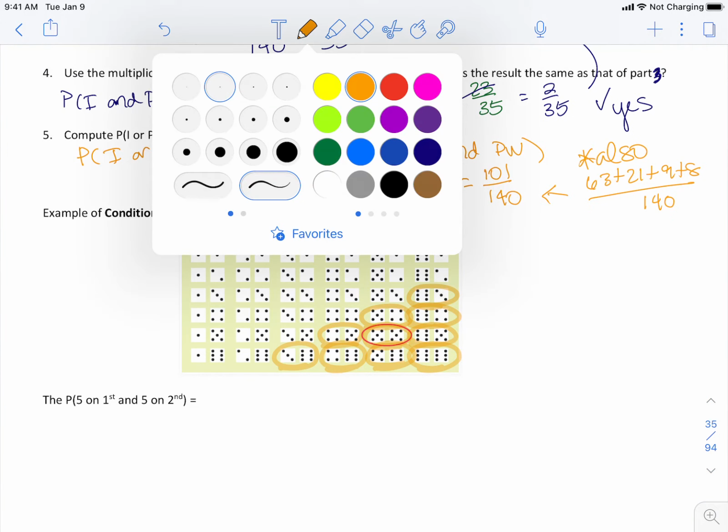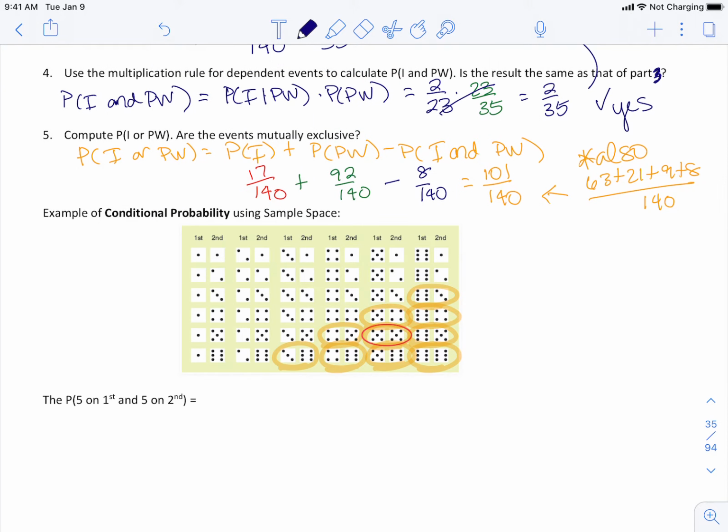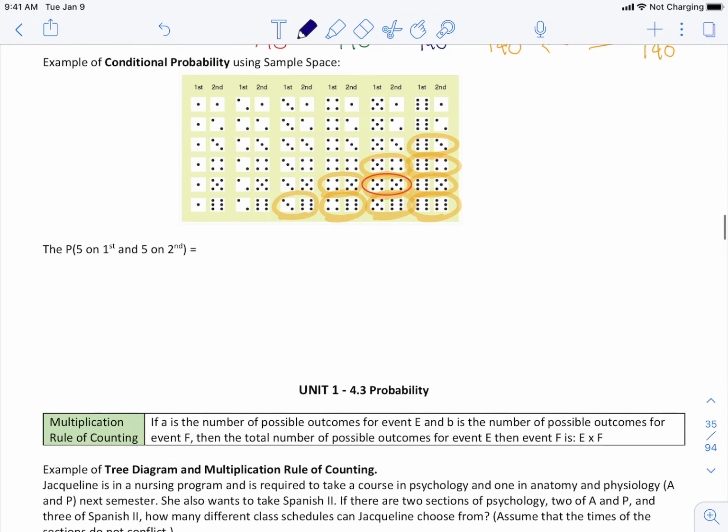All right, now we want to look at conditional probability using the sample space. So we want the probability of getting a 5 on the first and a 5 on the second. Remember, we did this at the very beginning of our notes, and we did 1/6 times 1/6 and got 1 out of 36. But I'm going to show you how to do it looking at conditional probability.